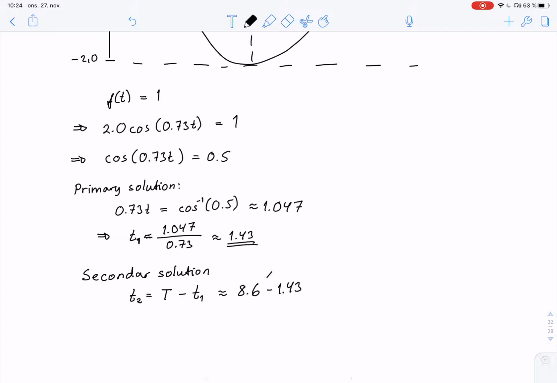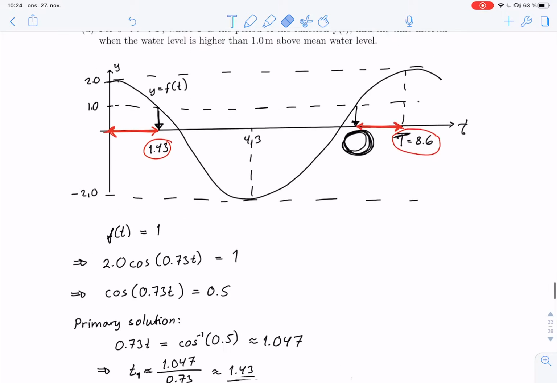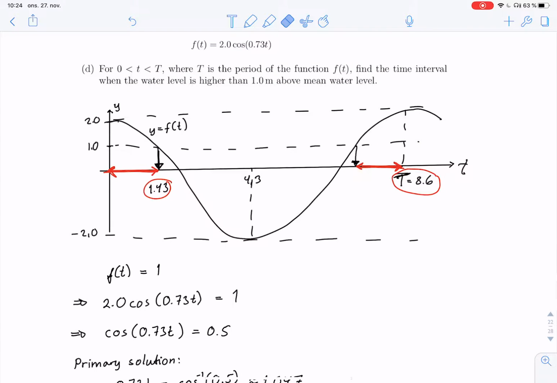Here we should have had one decimal more. I still have that in my calculator. So I get approximately 7.17. And that doesn't sound too bad either.